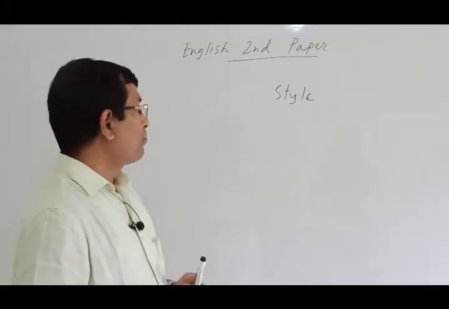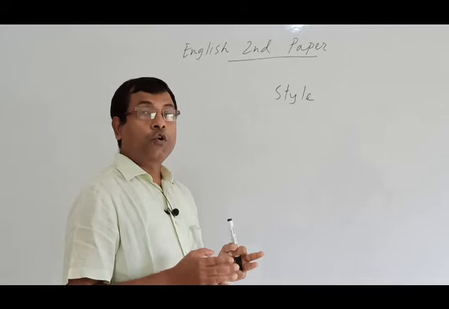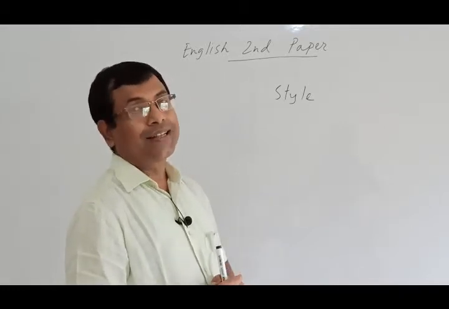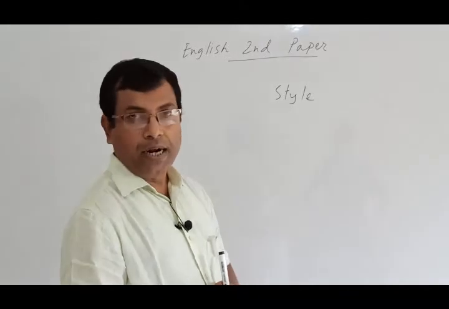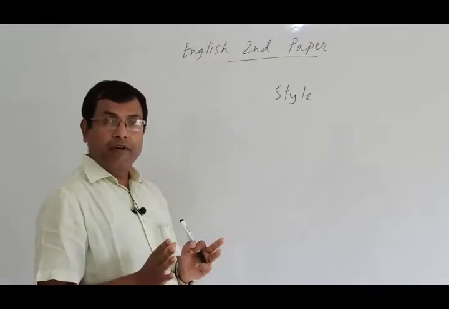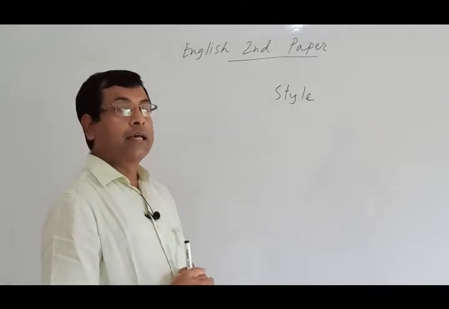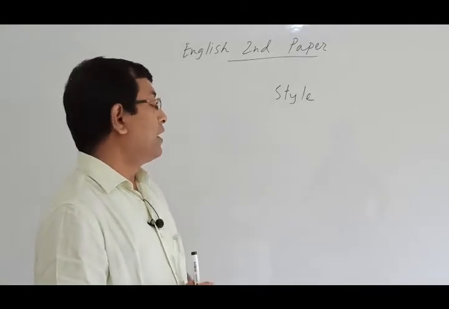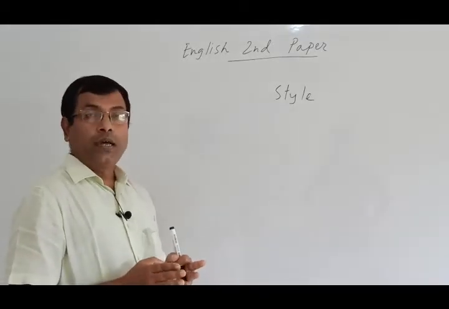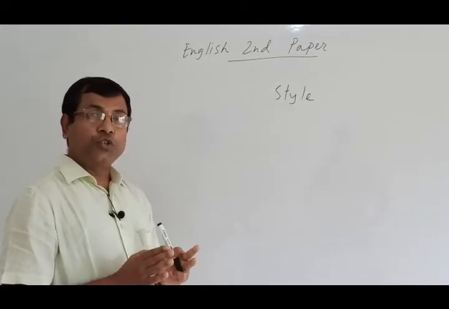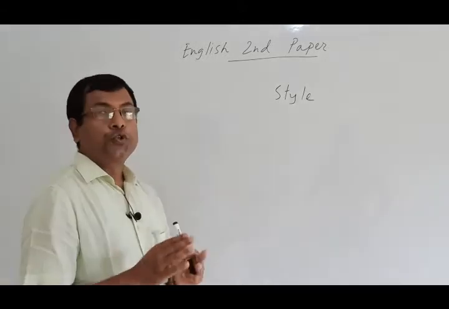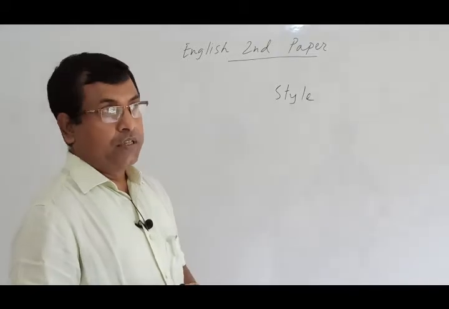Dear students, you know, the language of a composition is not like the language of a paragraph, and the language we use in a paragraph is not like the language of report writing. Each time language is different. Language will vary from one type of writing to another type of writing.